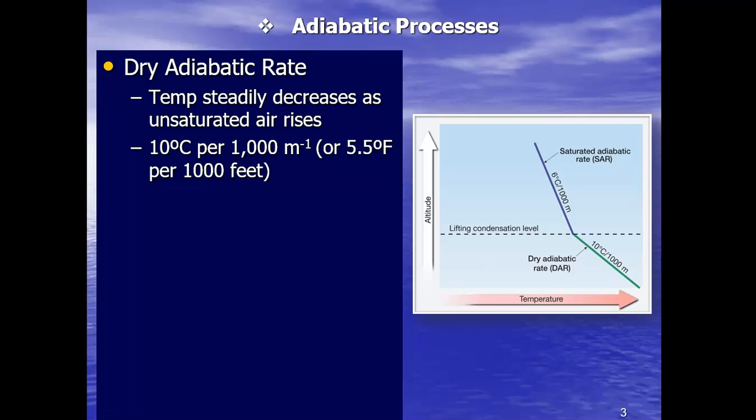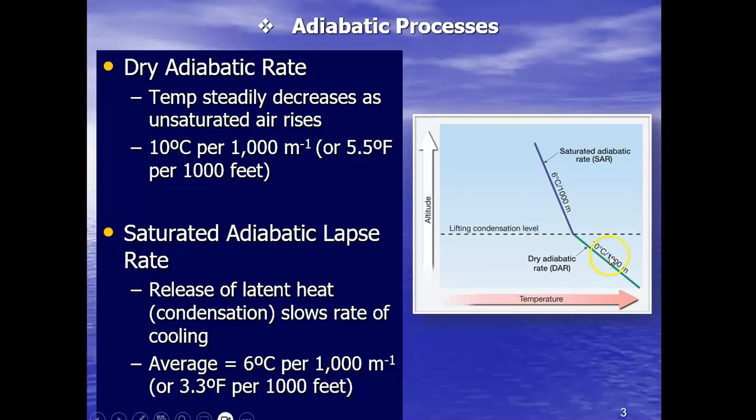So for air that's rising, the temperature will steadily decrease by a rate of 10 degrees Celsius per 1,000 meters. Or if you want to think of it in Fahrenheit, it's 5.5 degrees per 1,000 feet. For this video, we'll just be keeping with Celsius.